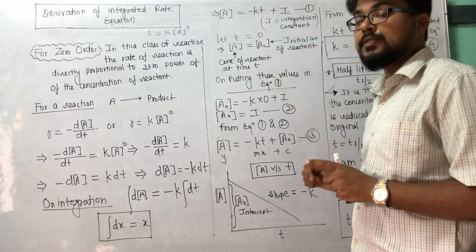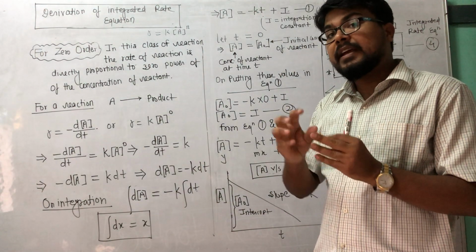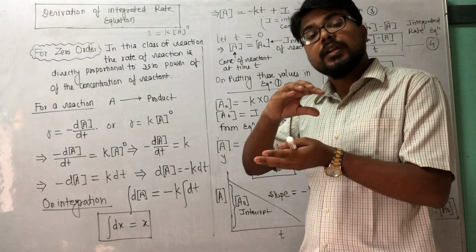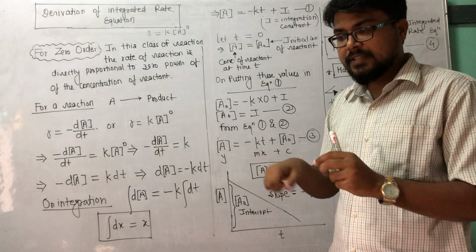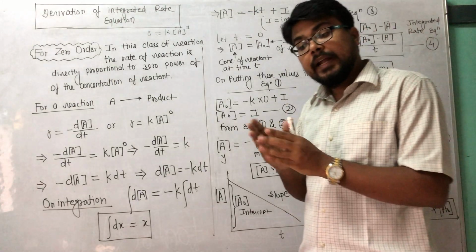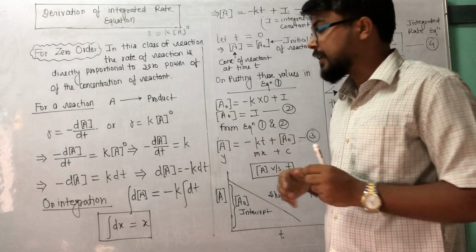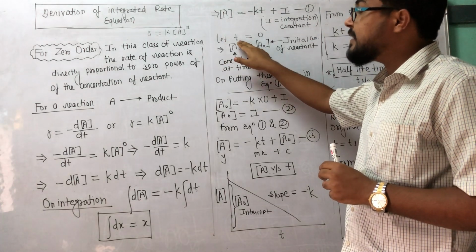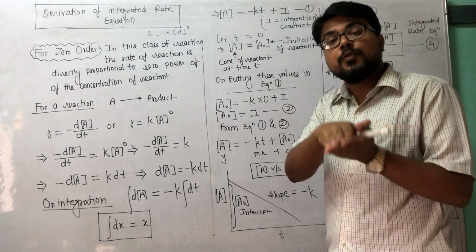Now let t equal to 0. What is t equal to 0? It means the time when the reaction has not started yet. Just like before starting a bike, it is at rest. So t equal to 0 means when time is exactly 0, the reactant will not have been consumed.